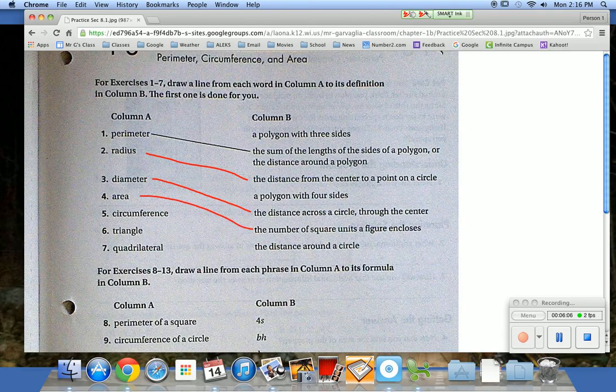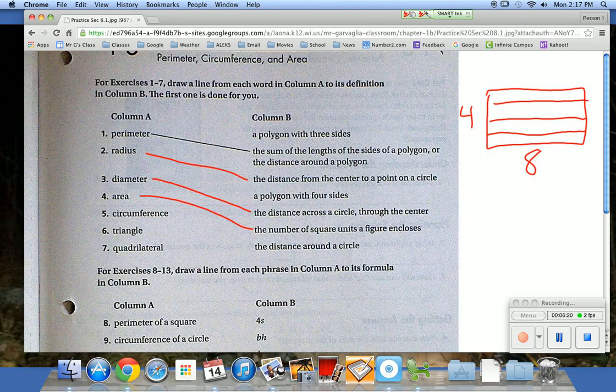Let me show you how that works. If I've got a shape like this, and I say this is 4 by 8, that means I have 4 units going across this way, and I have 8 units going across this way. All right? That each unit is a square unit. That's what he talks about, number of square units inside this.